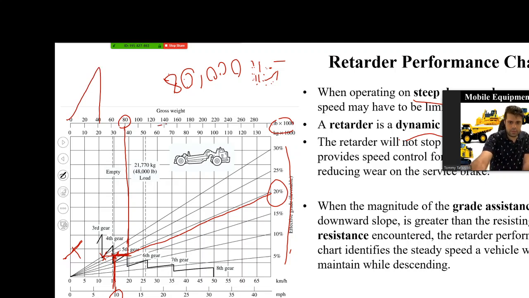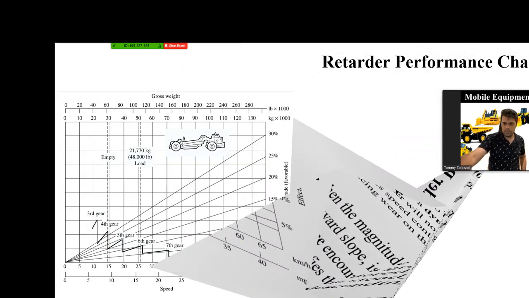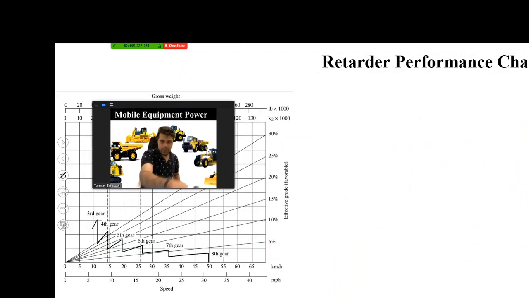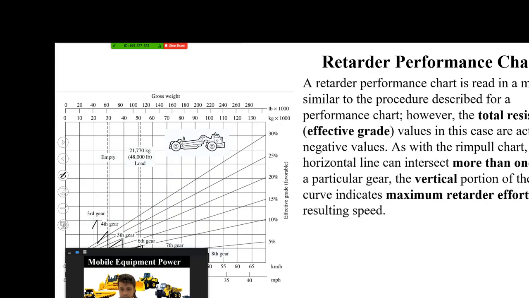The horizontal line could intersect in two different points. So which of these two points should I use? That's the topic of this slide.